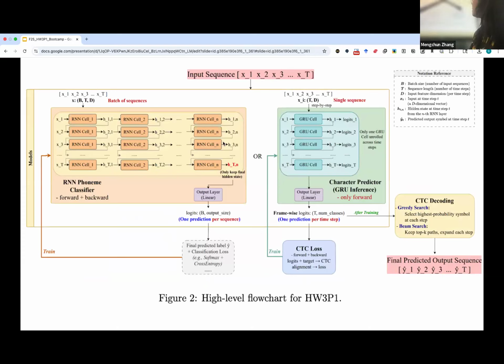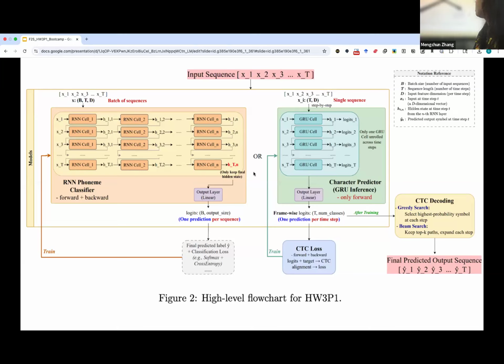Again, here is a flowchart of our homework 3 P1. We want to give you a high-level view of what happens in this homework, and also some ideas on how you can interact and combine your blocks, once you finish each file, to do your own model training.